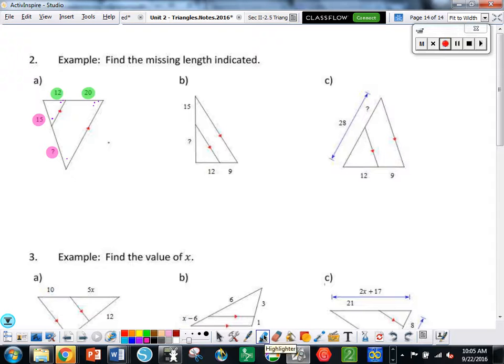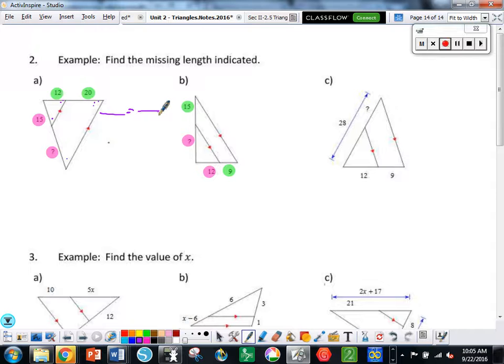It could go like this. Both of them work. The one that does not work is this, because this is like a little piece with the whole side. You could do it like this, you could do it like that. It's going to be the same. The initial proportion might be a little bit different, but when you cross multiply, it gives you the same outcome.